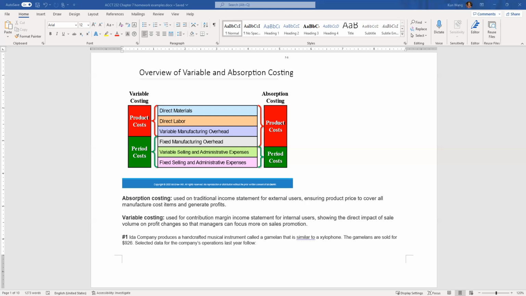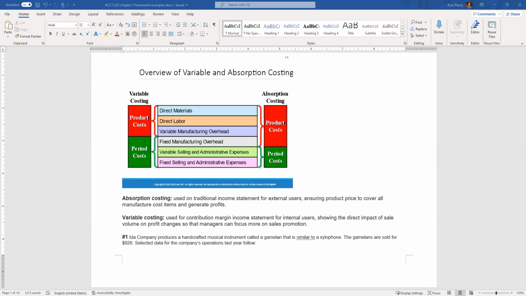The benefit of using absorption costing to prepare the income statement is that it is consistent with the manufacturer cost concepts we introduced in the beginning, and that will ensure the pricing set up by the cost of goods sold will be adequate enough to cover all of the manufacturer cost and generate adequate profits for the company eventually.